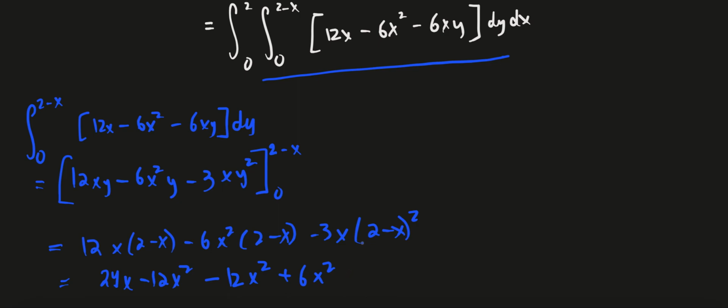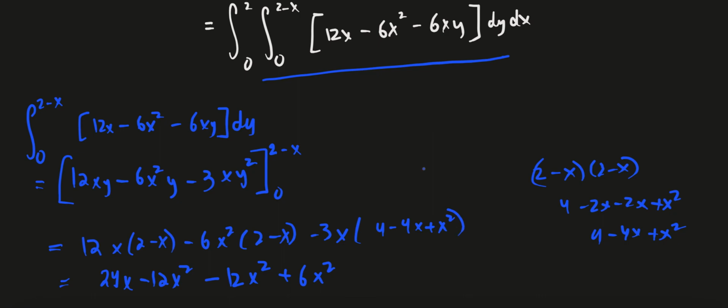Okay, that's good. 2 minus x squared is 2 minus x times 2 minus x, which is 4 minus 2x plus x squared. So it's 4 minus 4x plus x squared. Which gets you 24x minus 12x squared minus 12x plus 12x squared minus 3x cubed.